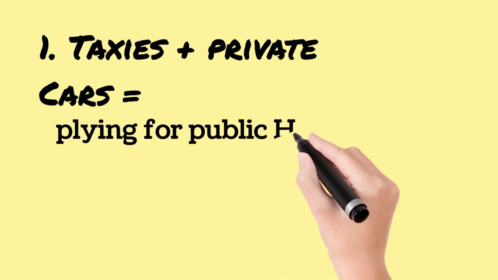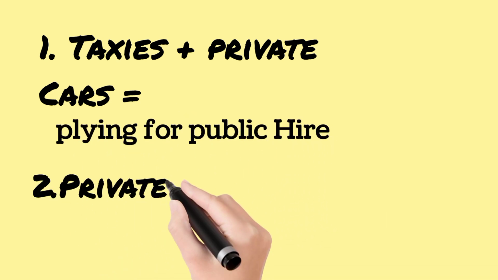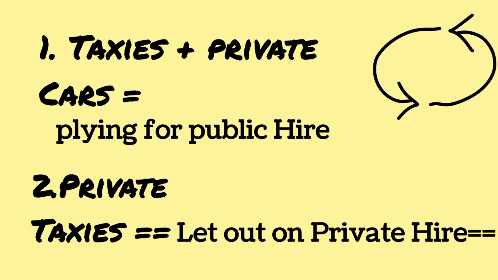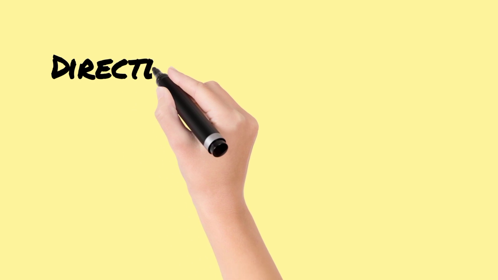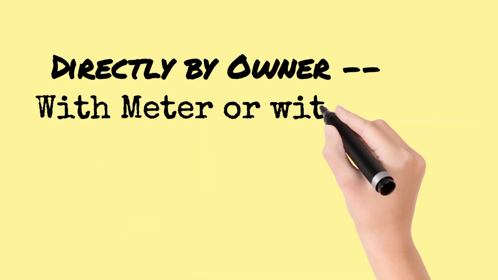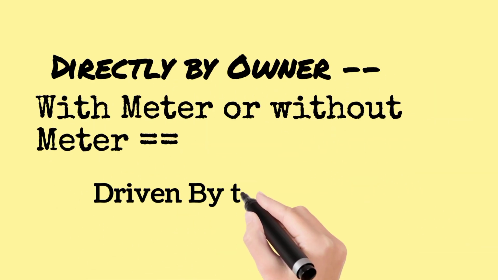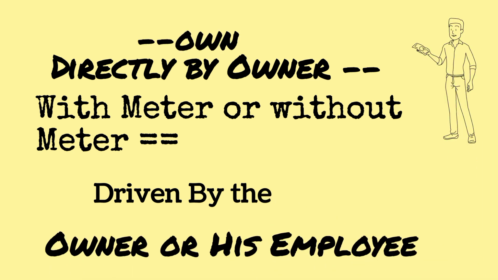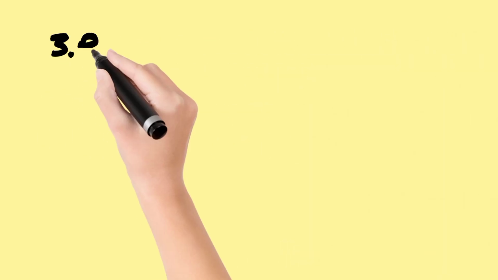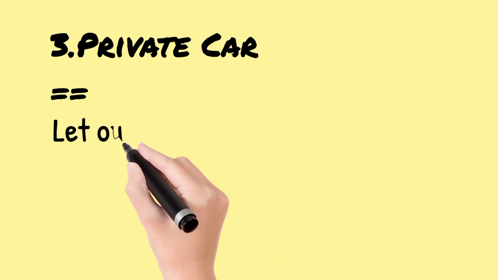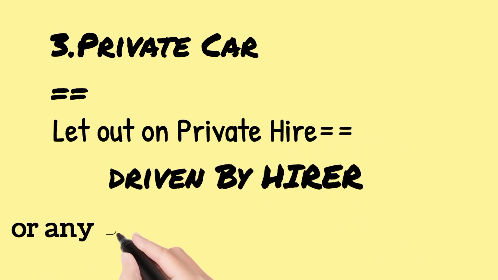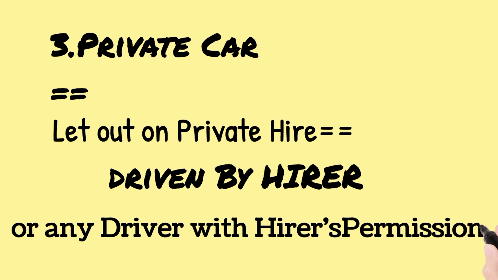Taxis plus private cars plying for public hire, private taxis let out on private hire, directly owned by owner with meter or without meter, driven by owner or his employees, private car let out on private hire, driven by hirer or any driver with hirer's permission.